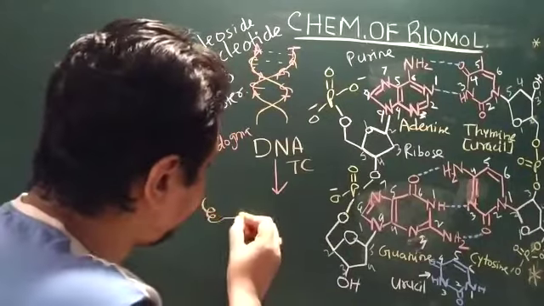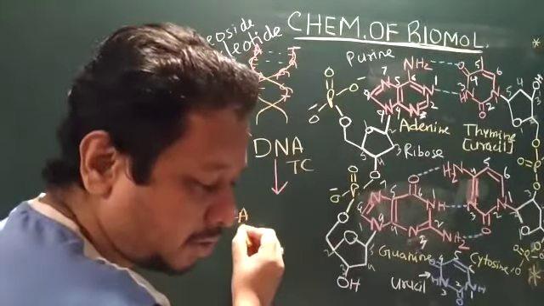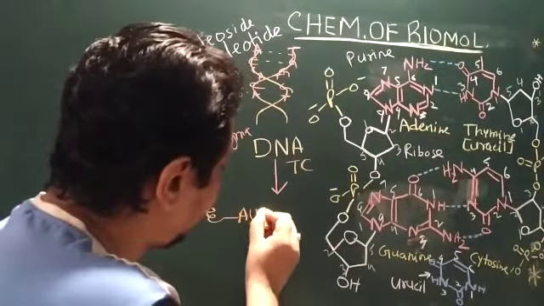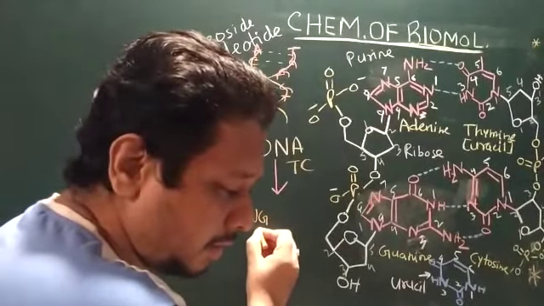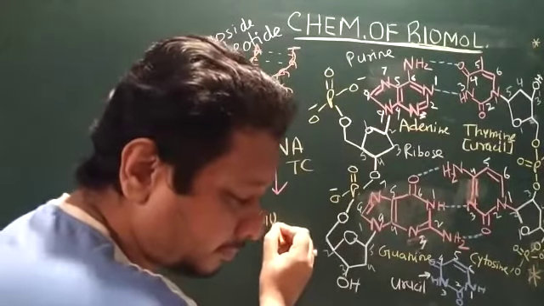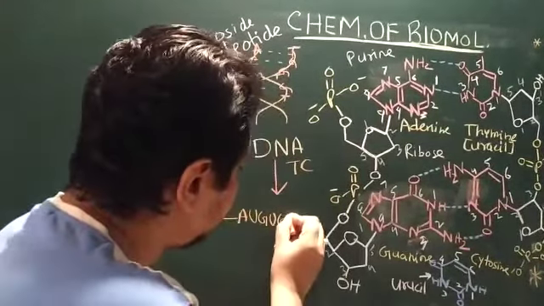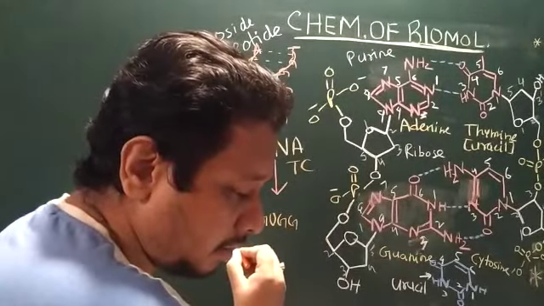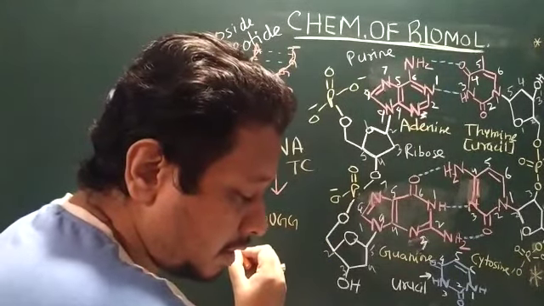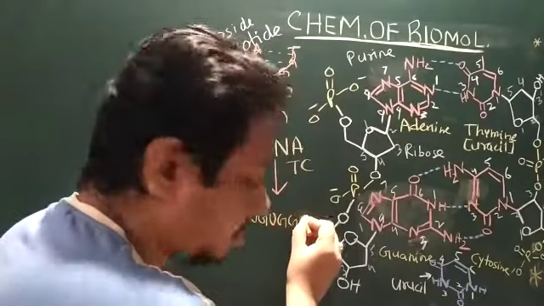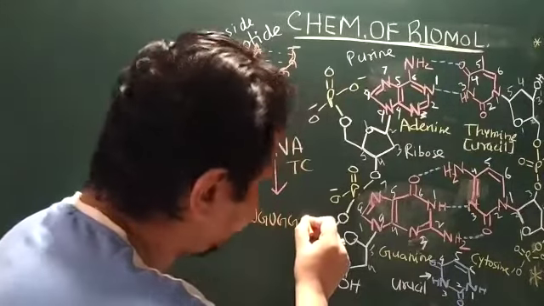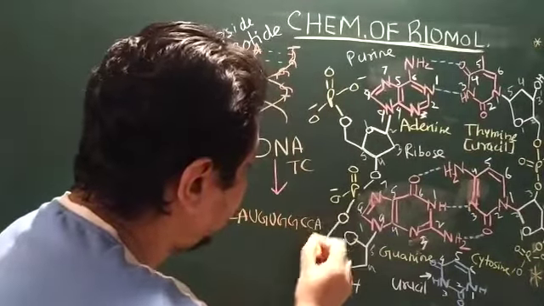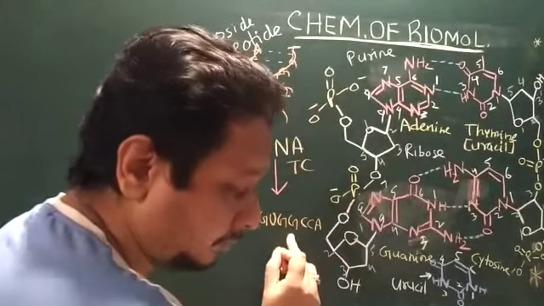If I give you a structure of RNA: U, G, U, G, G, then U, G, G, C, C, A, I'll continue over here.